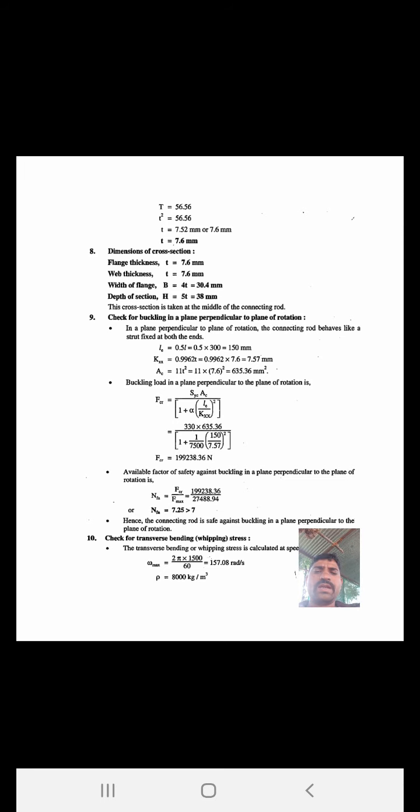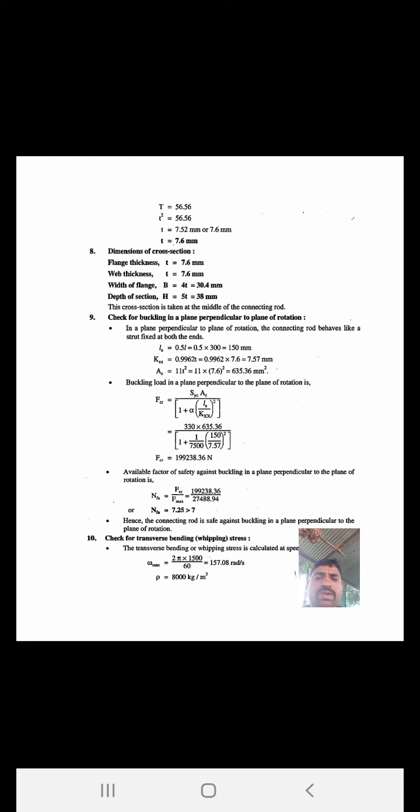Then 9, check for buckling in a plane perpendicular to the plane of rotation. How to check that? Again you should use the buckling load in a plane perpendicular to the plane of rotation. Again use the same Rankine formula and calculate the value.